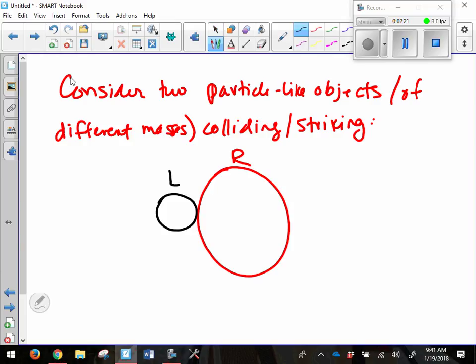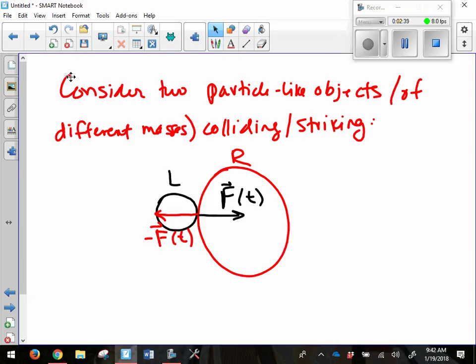So the one on the left exerts a force on the one on the right, and that isn't going to be a constant force. It's actually going to vary, and I'll show you how it varies in a minute. And then the object on the right exerts a force that is equal in magnitude but opposite in direction on the object to the left.